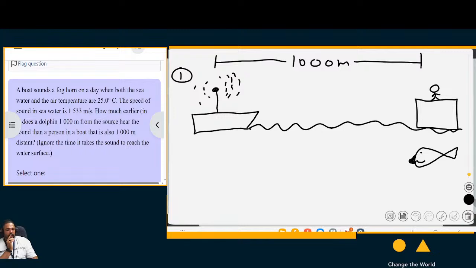This person hears it eventually, the dolphin hears it while sound travels through the water. We know that sound travels quicker in water, it's 1,503 meters per second in water, and in air it's 343 meters per second. They want to know how much, in terms of time, how many seconds before the person does the dolphin hear the foghorn. Okay, let's work it out.